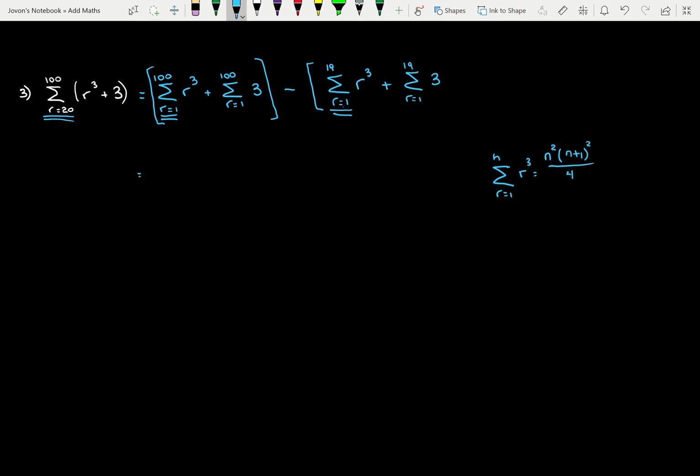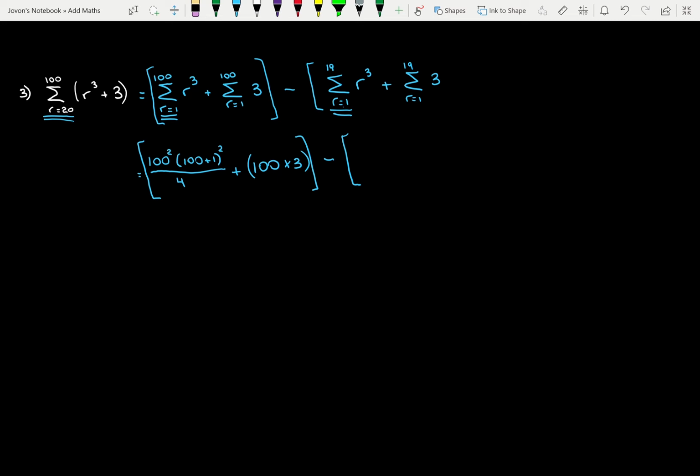So what this tells us: we have 100 squared, because 100 is our n, multiplied by 100 plus 1 all squared, all over 4, plus, remember this is a constant, so it'll be plus 100 times 3 using the summation laws we mentioned above, minus. I'm just going to erase this so I get some space.